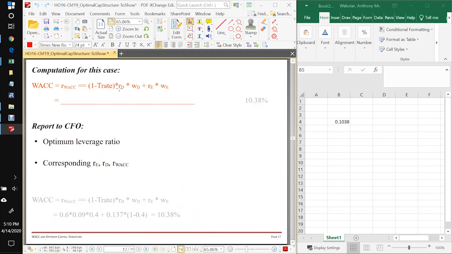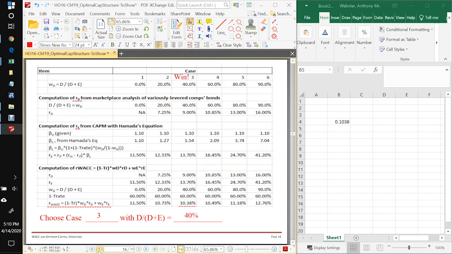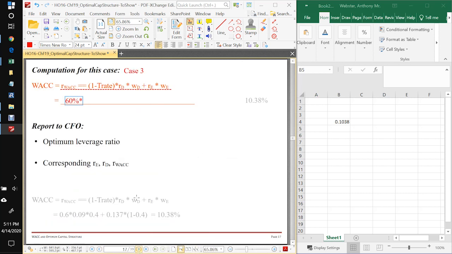Okay, so let's do our computation for this case, case 3, just to make sure that we can all do this. So we're just going to plug in our weighted average cost of capital equation with everything we know. So 1 minus the tax rate is 60% because the tax rate was 40%, times RD. I've got to look that up. I don't remember. Of course I don't remember. So that's 9%.